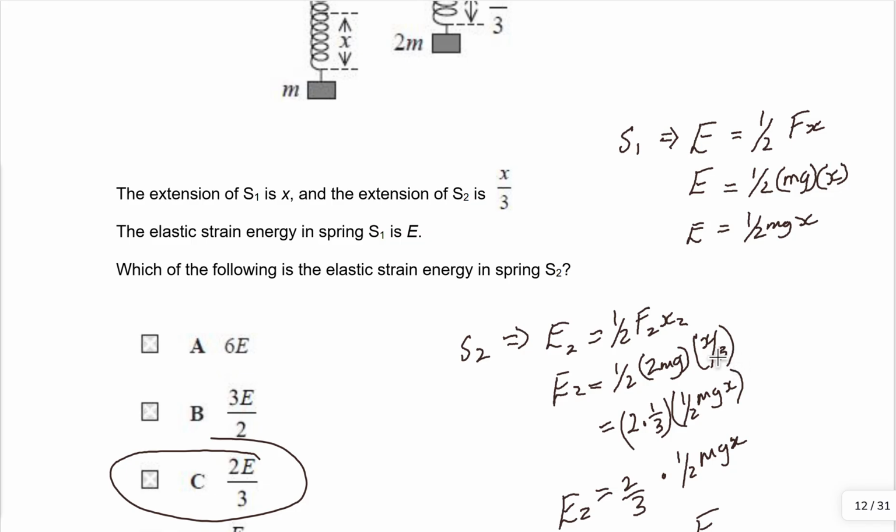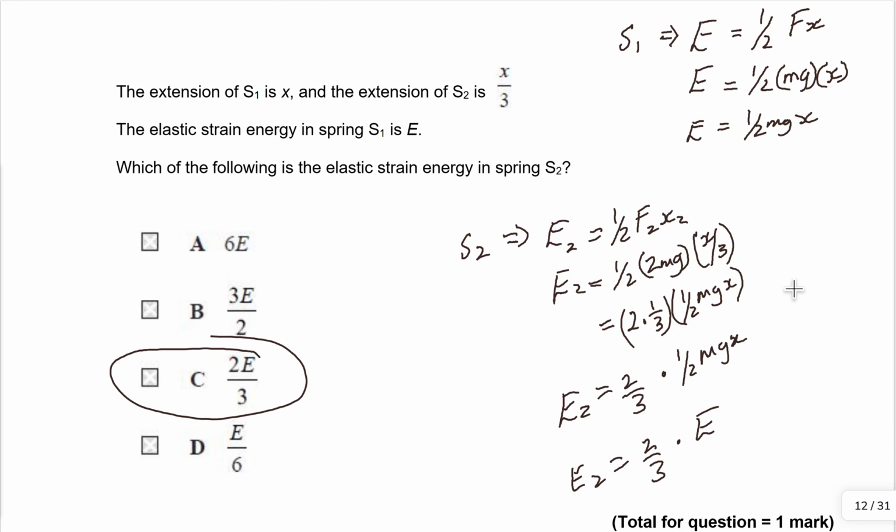Now I'm not going to tidy out those numbers, but the reason I've done that is I'm trying to find a half mgx, and I'm pulling it to a side because a half mgx represents the elastic strain energy. So I have taken that half, taken that m, taken that x, and put it to a side, taken the 2 because I haven't used that, and the third that's underneath the x, I pull that out as well, and I get 2/3 of a half mgx.